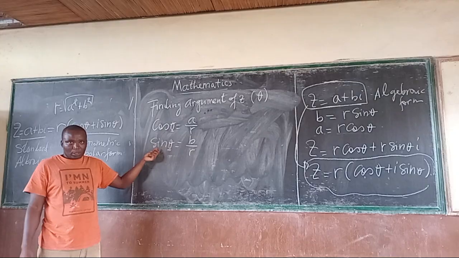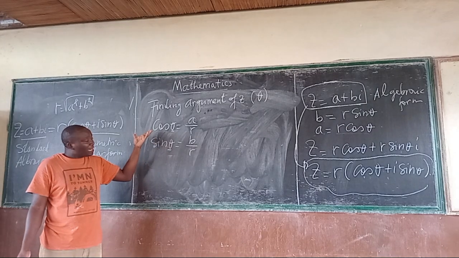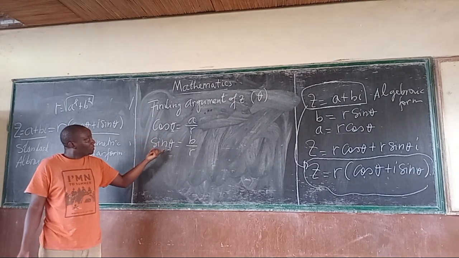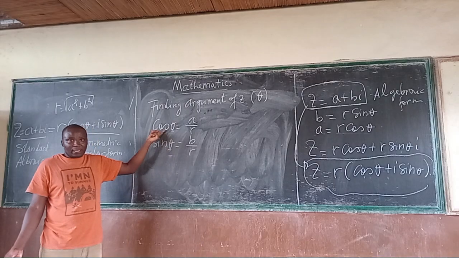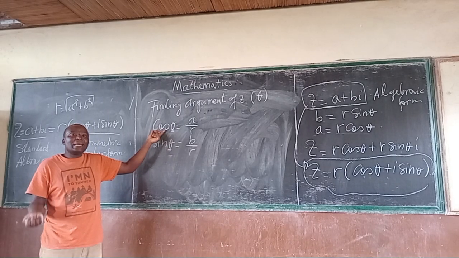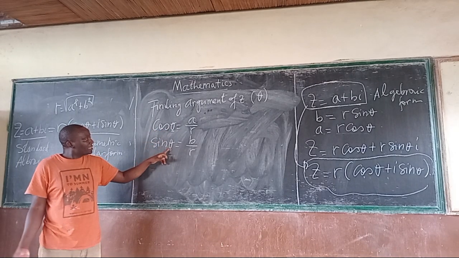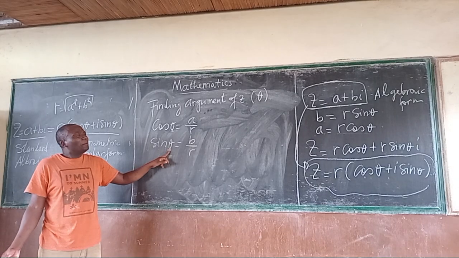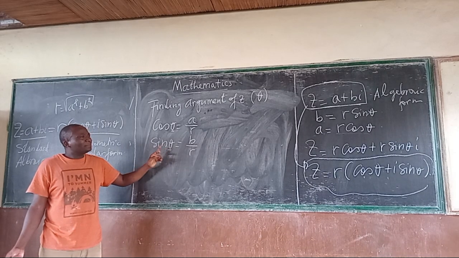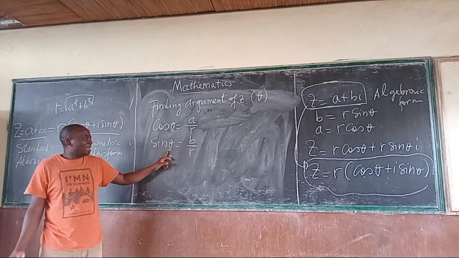You know that tangent of an angle is the ratio between sine and cosine. You can apply arc tangent to get this angle theta simply. But this way has many challenges.